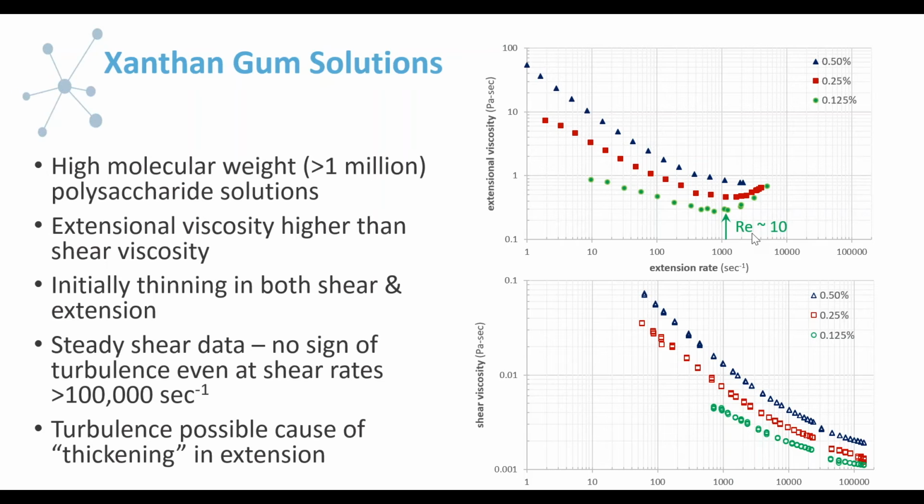So this is where we might expect to see the onset of turbulence for the sample. We can't rule out that this is a turbulent effect as opposed to a true extensional thickening. And you can see that this effect is most pronounced for the lowest viscosity, or the lowest concentrated, xanthan gum solution.